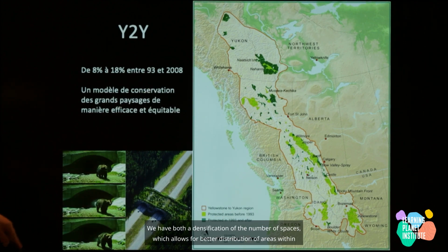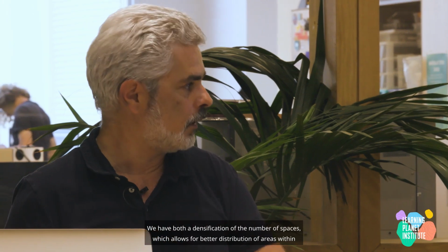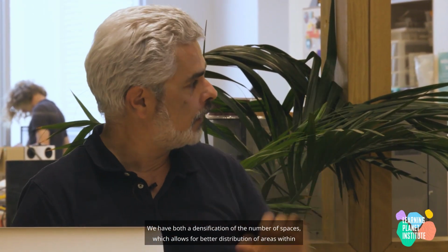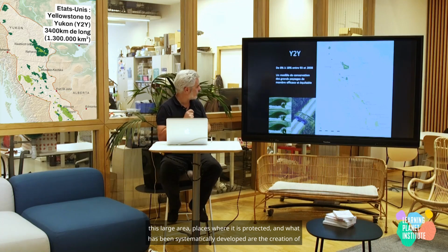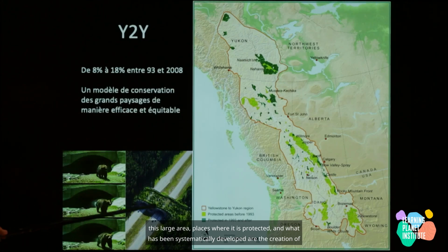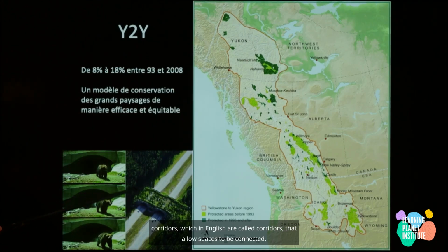We have both a densification of the number of spaces, which allows for better distribution of protected places within this large area, and what has been systematically developed is the creation of corridors, which allow spaces to be connected.